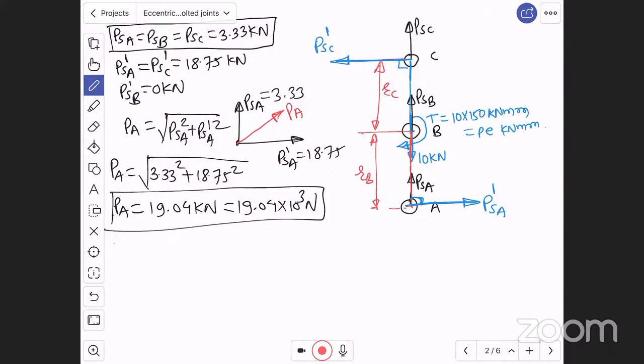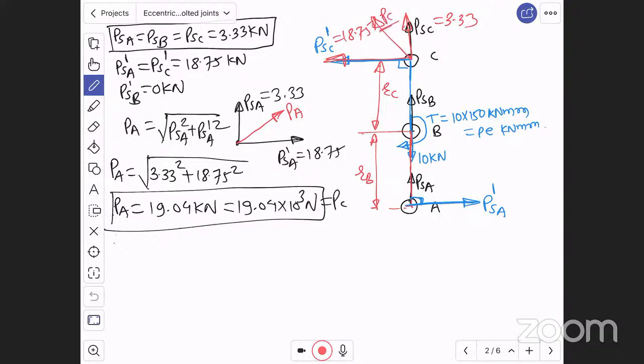This will be the same for C also, because C and A are symmetric. See, at C there is a PSC and a PSC dash, both perpendicular to each other. This PSC, which is 3.33, and PSC dash, which is 18.75, are perpendicular to each other.